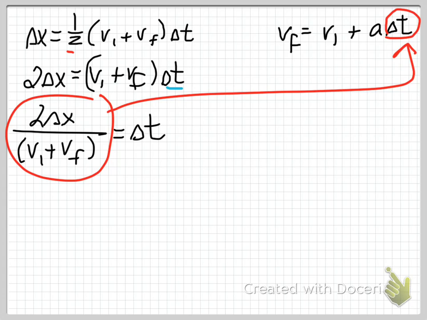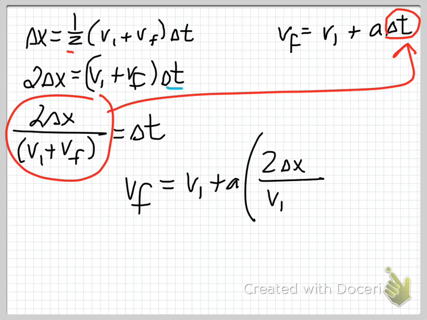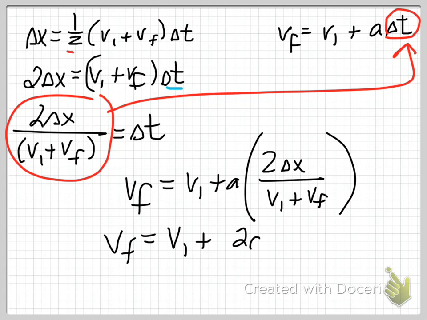So let's jam that in with a shoehorn. vf equals vi plus a now times the quantity 2 delta x over vi plus vf. Oh goody. So we get vf equals vi plus 2a delta x over vi plus vf.